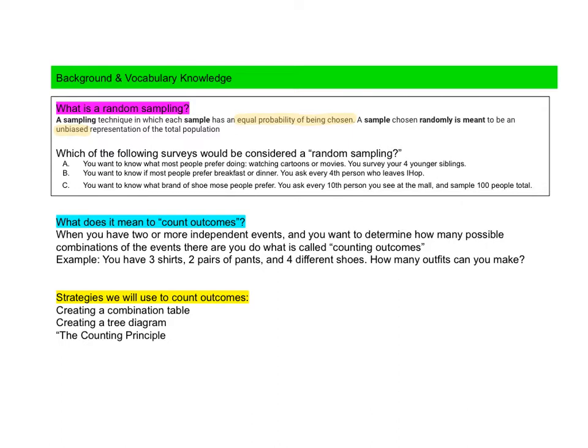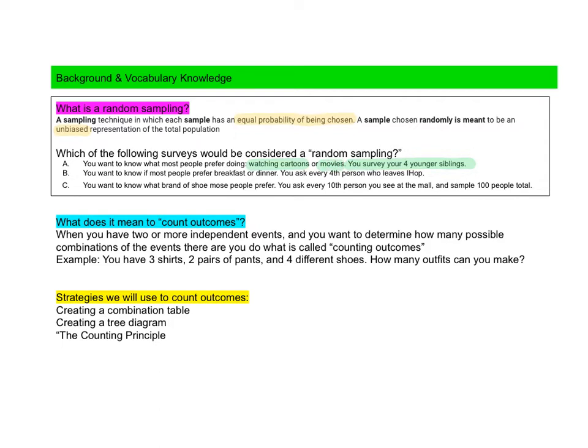A, you want to know what most people prefer doing, watching cartoons or movies. You survey your 4 younger siblings. Do you think that that is a random sampling? So these are the people you're surveying. 4 younger siblings. If they like to watch cartoons or movies more.